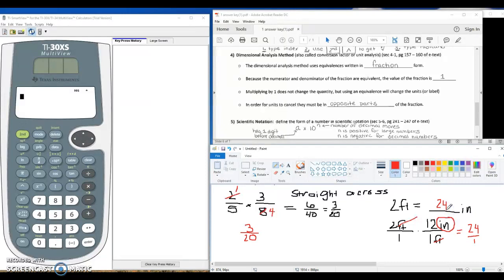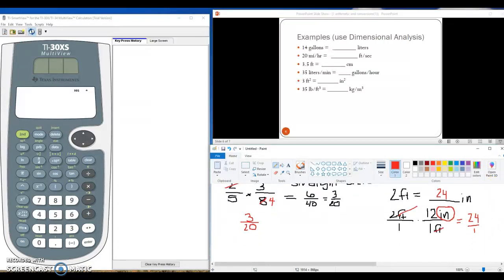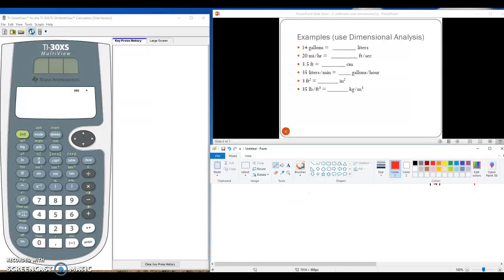So let's try a little bit harder example, one that we probably can't do in our head. I'm going to be switching to our content guide, and we're going to work through the first problem, which is converting 14 gallons into liters. In order to do this problem, I start out by making 14 gallons into a fraction. And I can do that by putting it over 1.